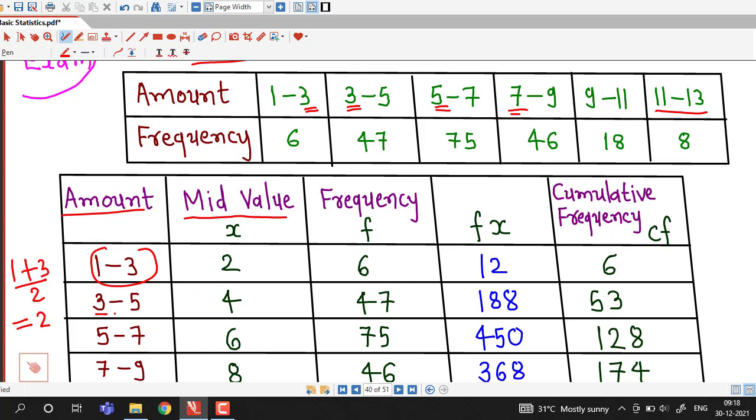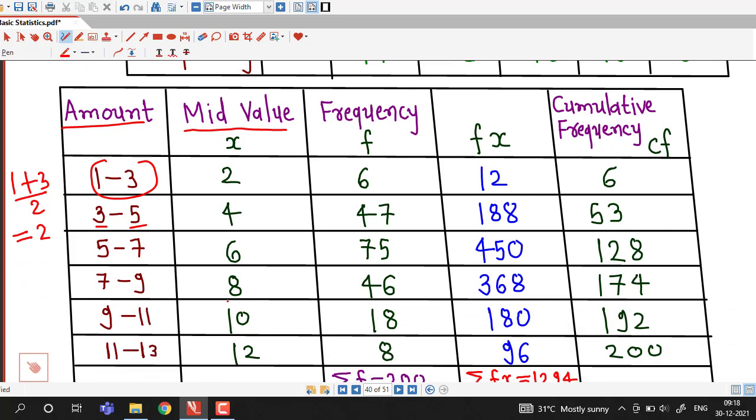Similarly the mid value of the next class is 3 plus 5, that is 8, divided by 2, which is 4, and so on. 5 plus 7, 12 divided by 2, which is 6. 7 plus 9, 16 divided by 2, which is 8, and similarly we have calculated mid values for these two classes. Here we have written the frequencies of each class.